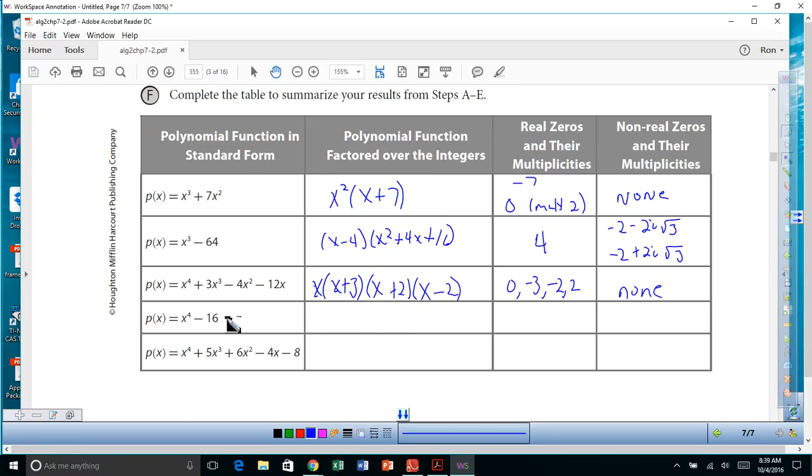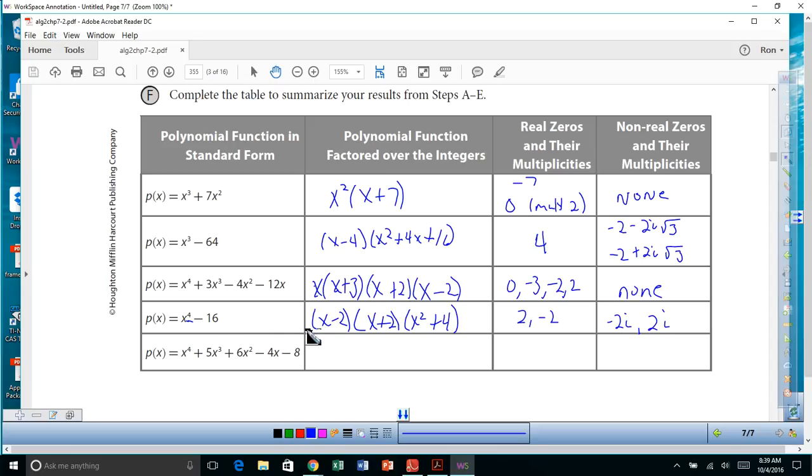Next, x to the fourth minus 16. We got x minus 2, x plus 2, and x squared plus 4. So we had 2 and negative 2, and then we had negative 2i and positive 2i. So we had 2 complex and 2 real for a total of 4. And that's 4. All right, good.